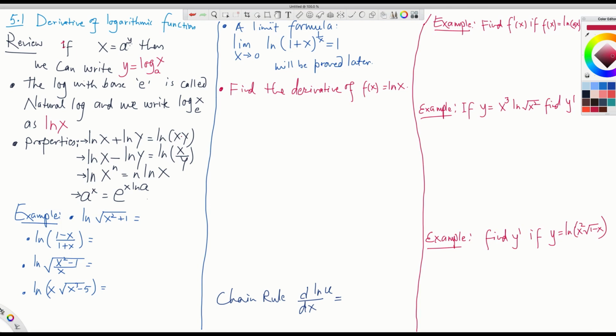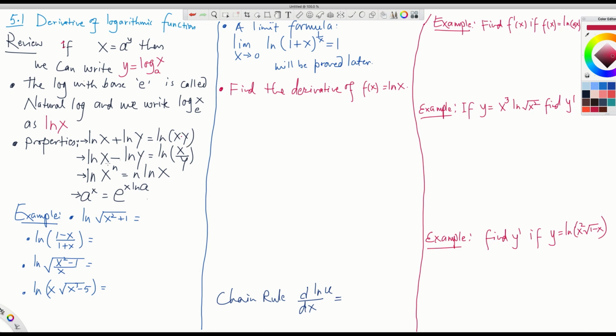By the way, here in this case, the x must be positive, and then y must be positive as well, okay? Now, natural log of x minus natural log of y equals natural log of x divided by y.